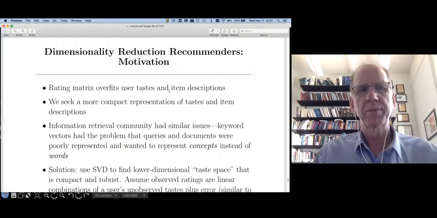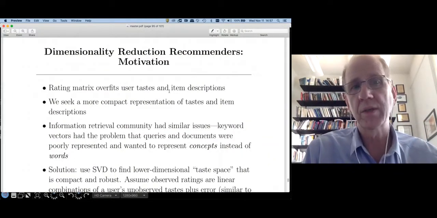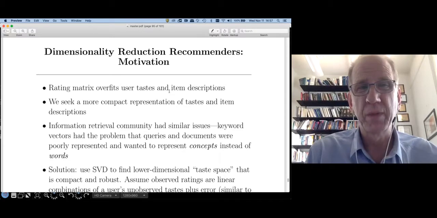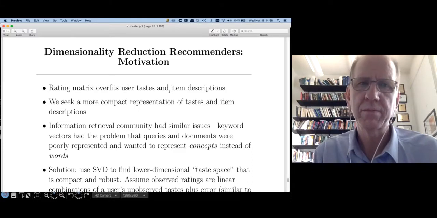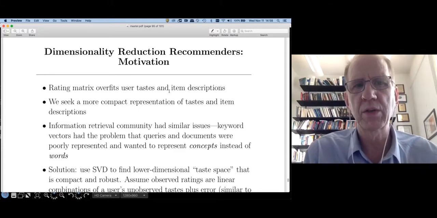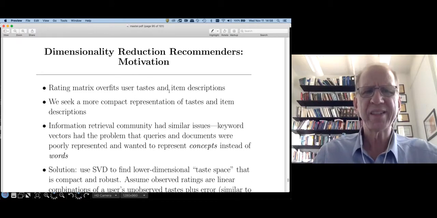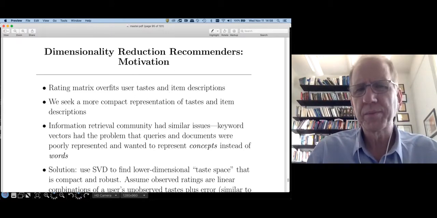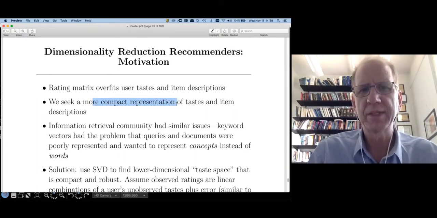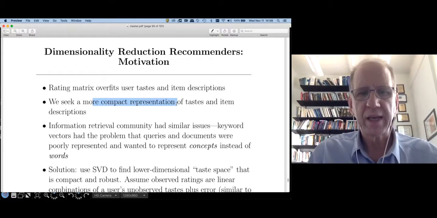So the point is, the observed ratings, those are like my Y's in machine learning, overfit. They have the signal, but they also have this irreducible, idiosyncratic error mixed in with them. What we'd like to do is to produce a more compact representation of my tastes.